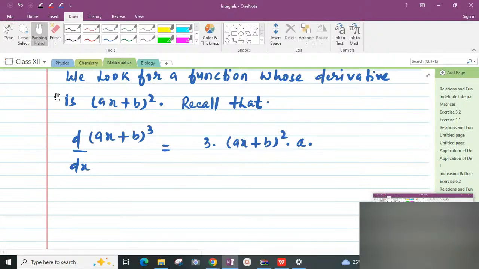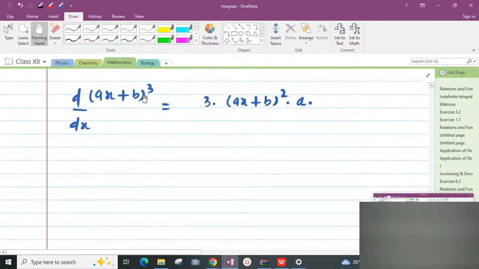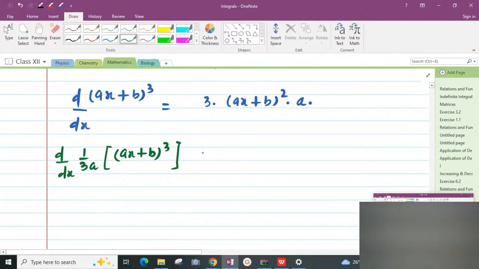Therefore, when 3a moves to the left hand side, we get on the right hand side 1 by 3a, and d/dx of ax plus b whole to the power 3 equal to, on the right hand side, ax plus b whole to the power 2.